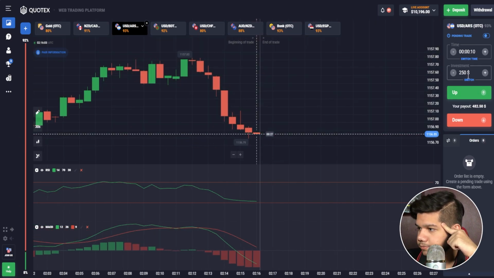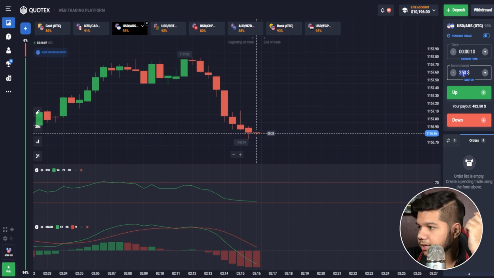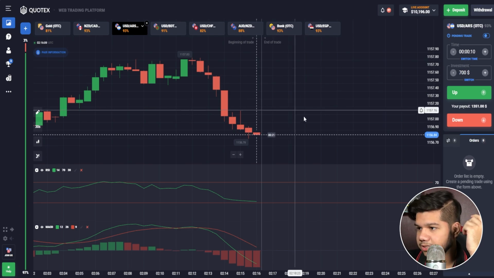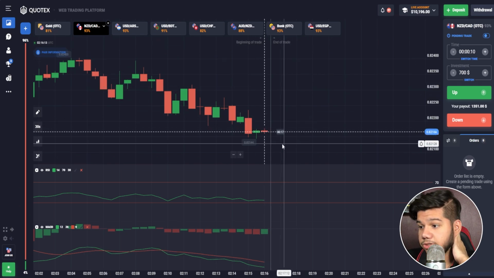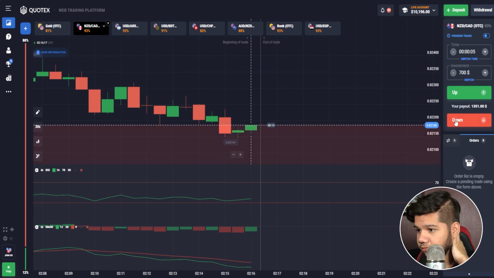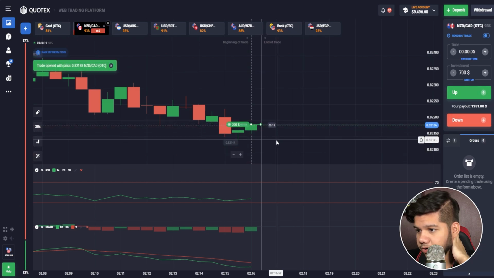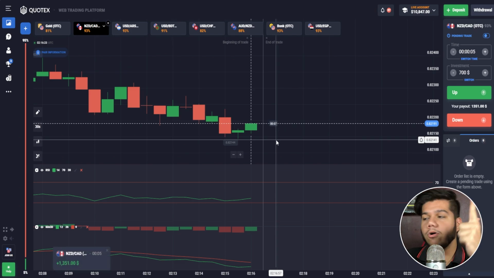So right now, as I'm green, I'm going to increase my investment to $700 this time, and check another pair, USD to CAD. I'm going to take this trade with a 5-second time frame with $700. So let's see where this trade is going to go. Boom.